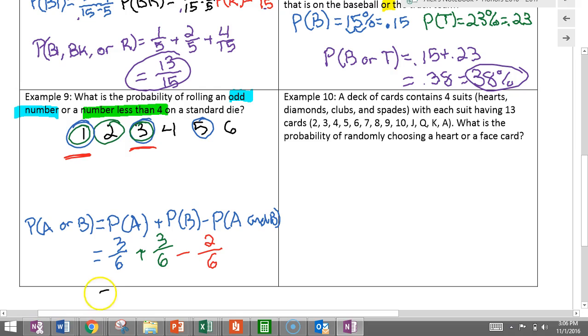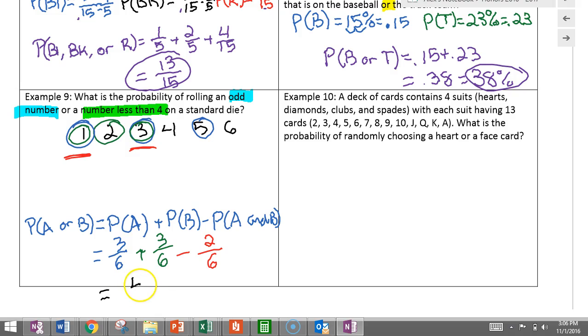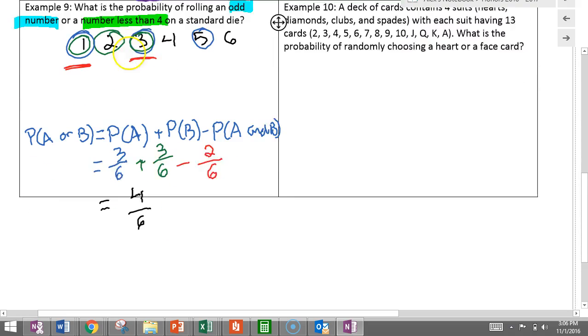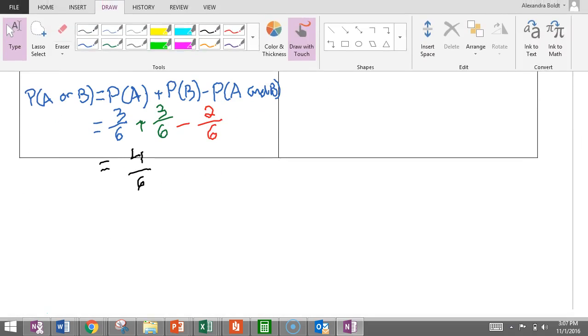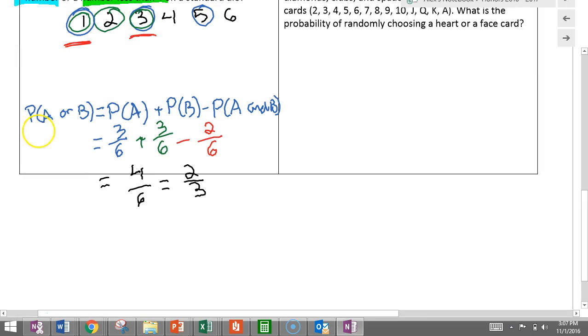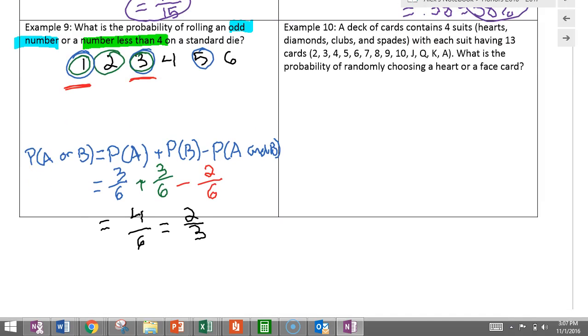If I add all these up, 3 out of 6 plus 3 out of 6 is 6 out of 6, minus 2 out of 6 is 4 out of 6, which is 2 out of 3. And it makes sense here: I have 1, 2, 3, 4 out of 6 options that I found. So again, you can do it by drawing out all your outcomes or setting up the formula.